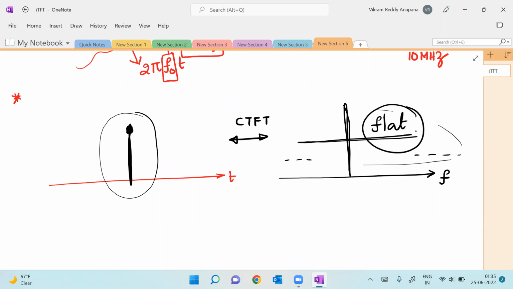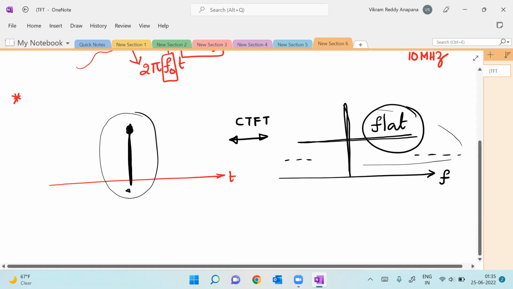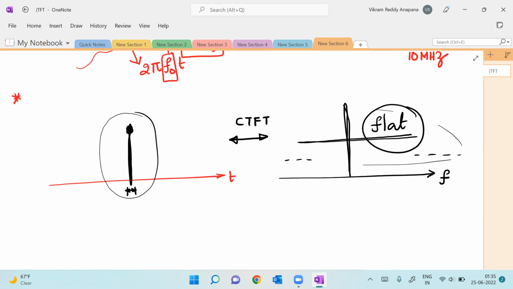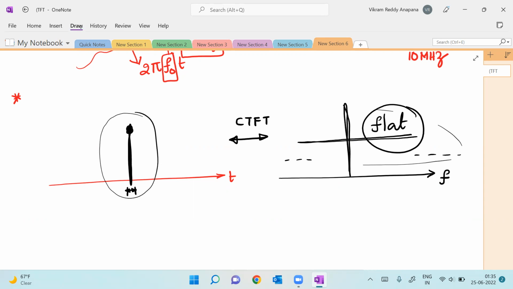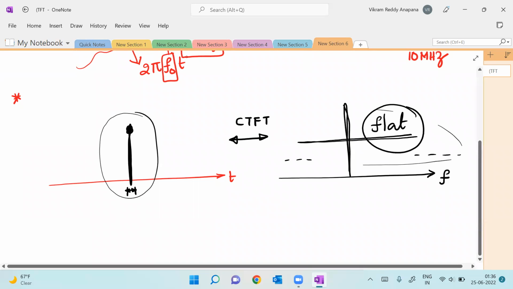In reality, the time duration is zero, and it is practically impossible to produce a signal over a time width of zero seconds. In reality, you would see something like this: something like an impulse function, and say this is your delta t.